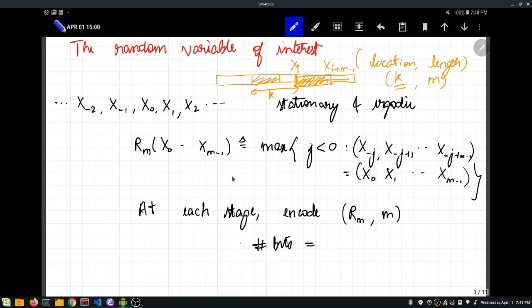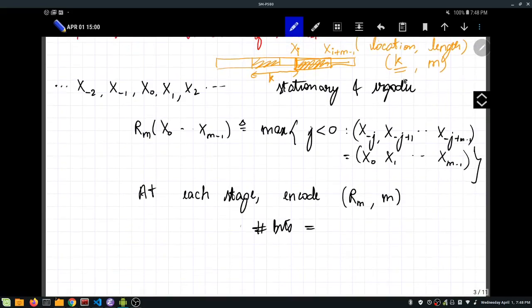So for a file to be well compressible, what we want is that if you look at xi through xi plus m minus 1, it would be good if you could find a match as close to xi as possible. The farther away this is from xi, the worse this is, because k is large, and correspondingly you will need more bits to encode.